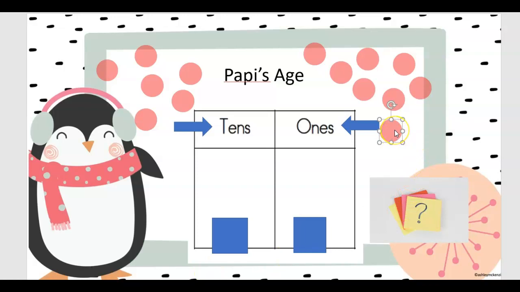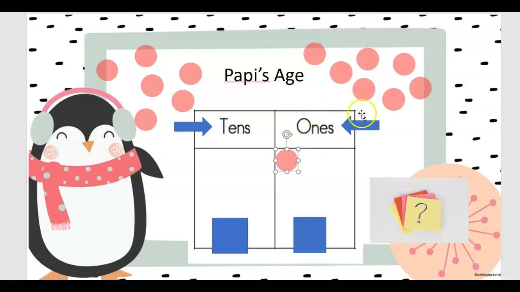Great. Now let's check our predictions. We're going to use our tens and ones chart to show Poppy's age. And here's how we're going to do it. Each dot, remember, represents 1 year of Poppy's life.